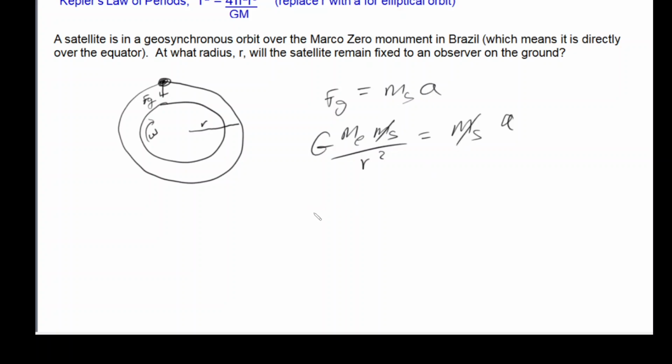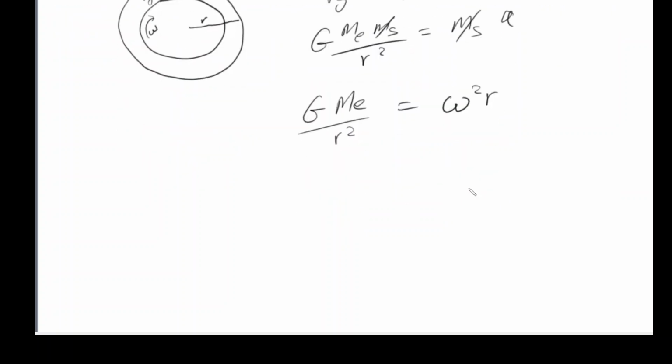These cancel out, and we get G times the mass of the Earth over r squared is equal to, and if you remember, acceleration is angular velocity squared times r, which gives us r cubed is equal to G times the mass of the Earth over angular velocity squared.